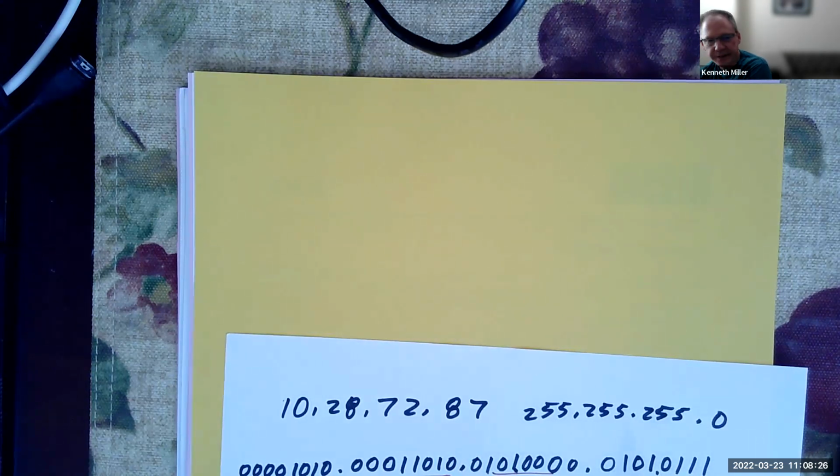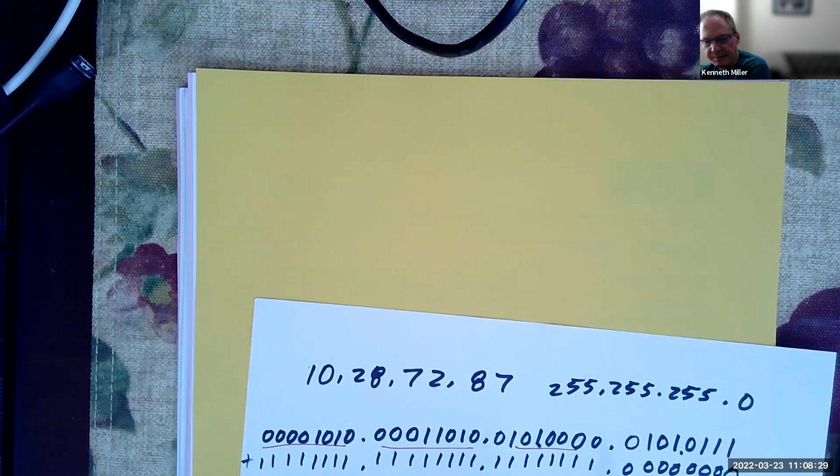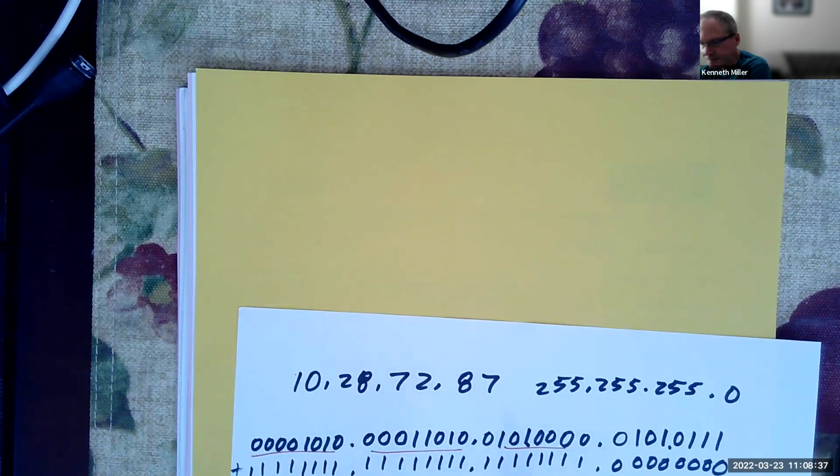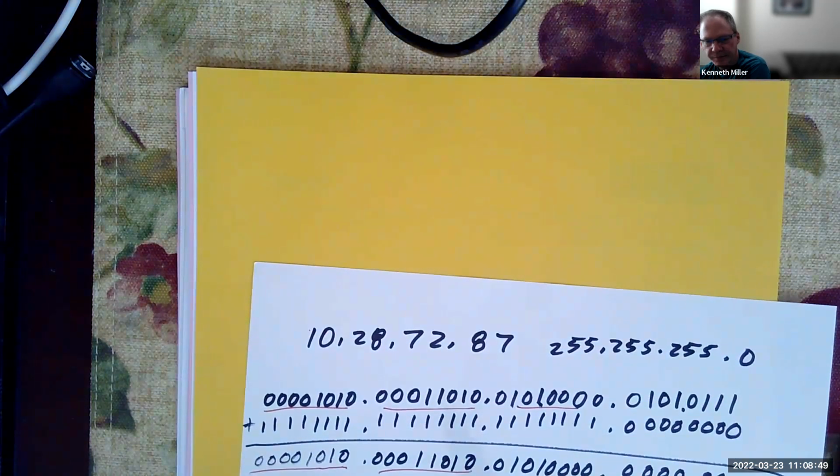Okay, and then we take our subnet mask, which was 255.255.255.0. And by the way, this is our network in room 404. And we put 255 is all ones, 255 is all ones, 255 is all ones, and then 0 is all zeros. And then what we do is we AND those together.